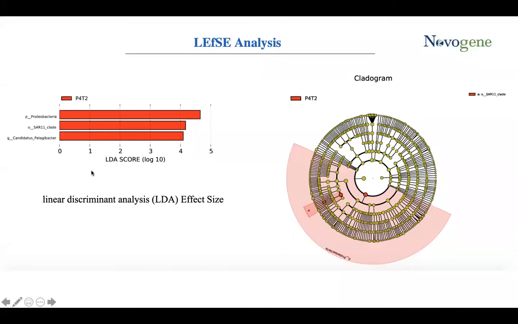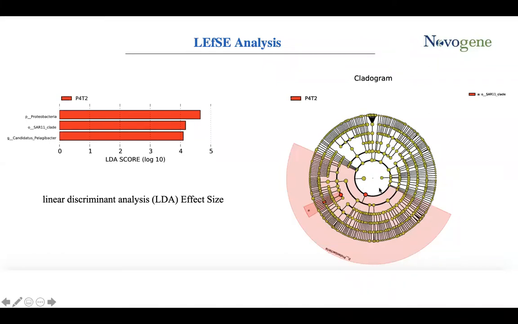The histogram of the LDA scores represents species or biomarkers whose abundance shows significant differences among groups. So the selecting criterion is that the LDA score is larger than the set threshold, for which the default number is 4. So the length of each bin, namely the LDA score, represents the effect size. That is the extent to which a biomarker can explain the differentiating phenotypes among different groups.